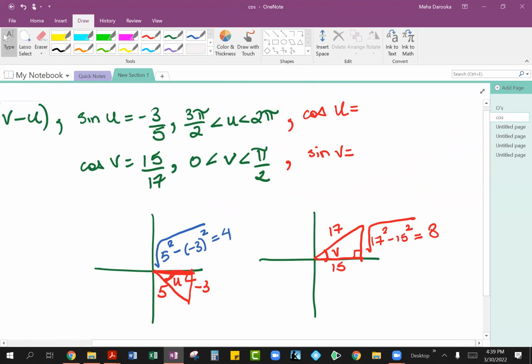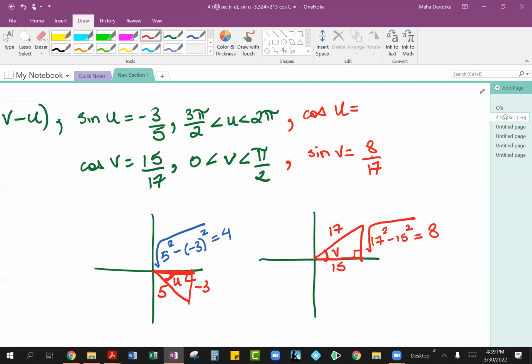Hey, come on, guys. It shouldn't take you that long. All right, let's see. Lucy, you've got sine of v as 8/17. Very good, opposite over hypotenuse. And Andrew, you have cosine of u as 4/5.